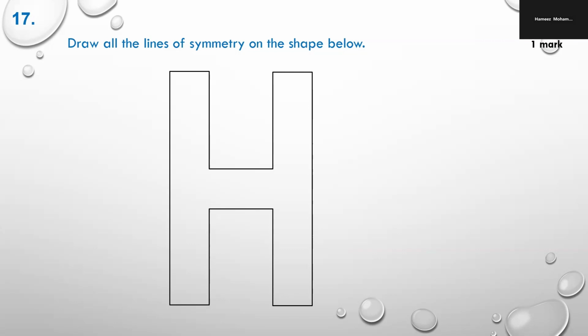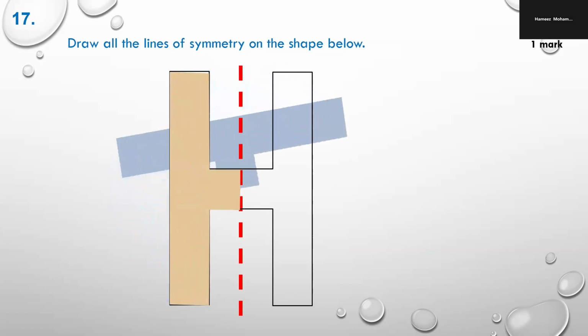If we look at drawing a line coming down, where could we put a line so that maybe we would be able to fold it along that line? We could put a line straight down the center. Now, is it able to fold there? Let's look at the left-hand side, look at the shape, and if we folded it and carried across, look, it will fold evenly. So there's one line of symmetry coming downwards.